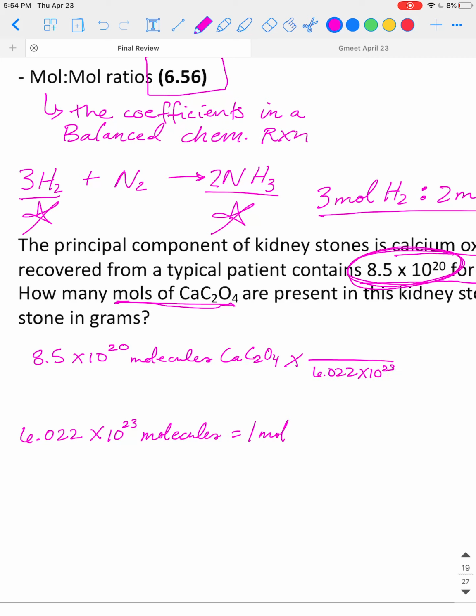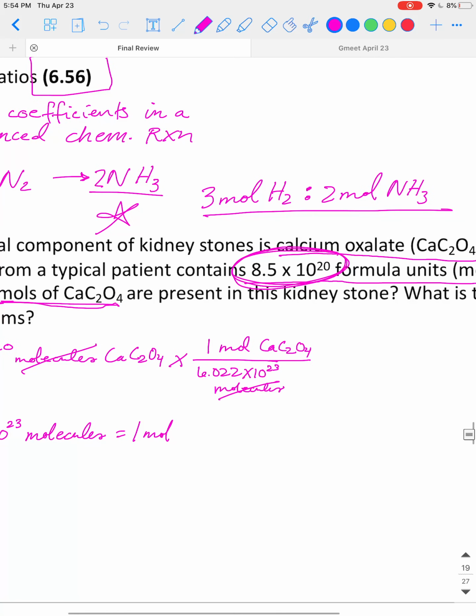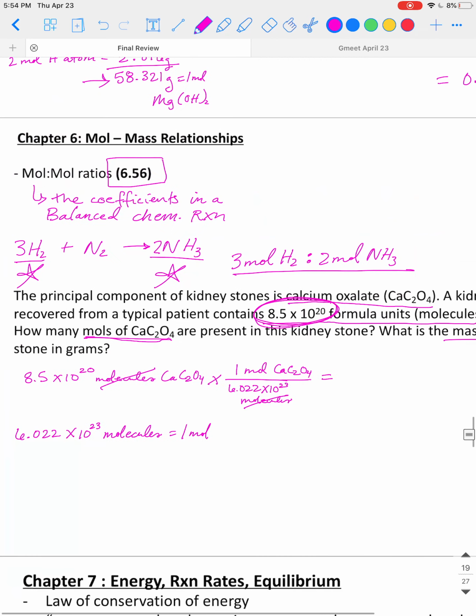And that applies to calcium oxalate. So we're going to write this so that molecules cancels out. Molecules, and then we'll write 1 mole of calcium oxalate on top. So molecules cancels.